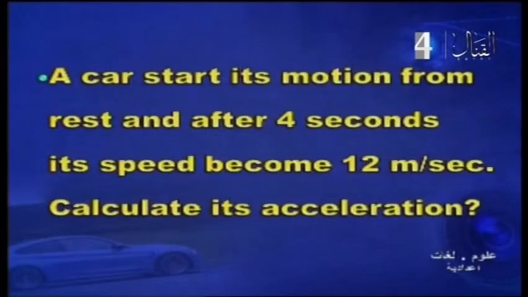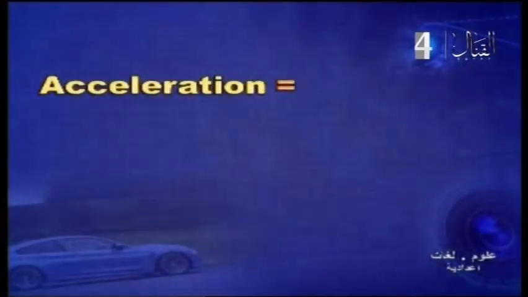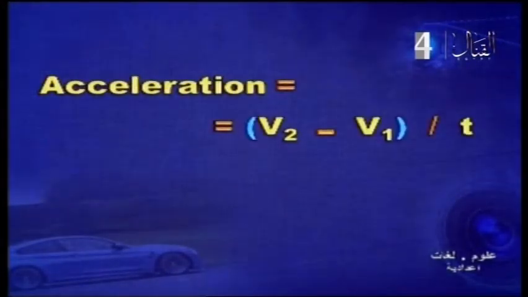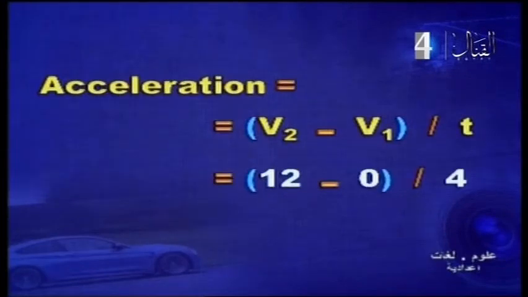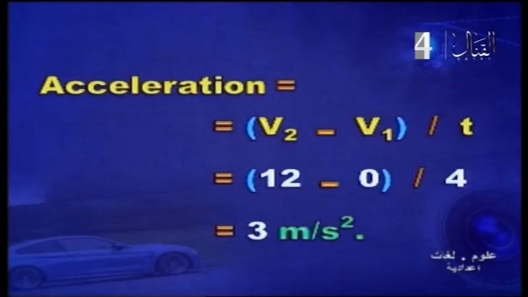So acceleration equals V2 minus V1 over time. V2 is the final speed, V1 the initial or starting speed, and T the time between them. So 12 minus 0 over 4 equals 3 meters per second squared. Don't forget, the measuring unit of acceleration is meter per second squared or kilometer per hour squared.